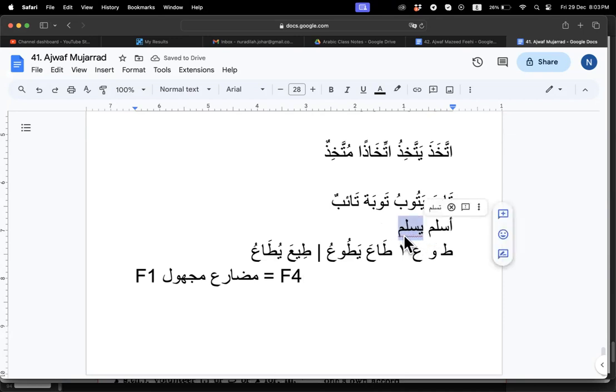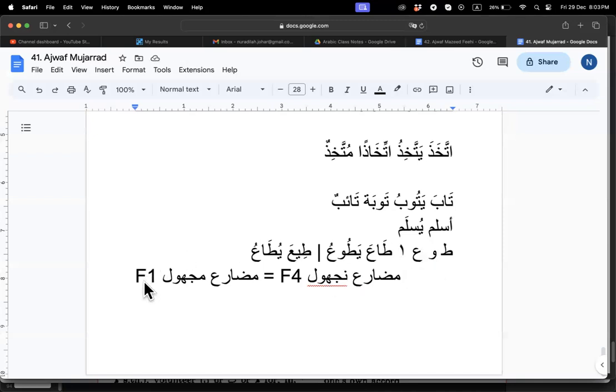The mudhari doesn't have a marker, so when it's majhul it will be ua also, exactly the same as family one. So whenever you see family one or family four mudhari majhul, you have to double-check the meaning. Okay, so actually, this one, ta waw ain, to obey.